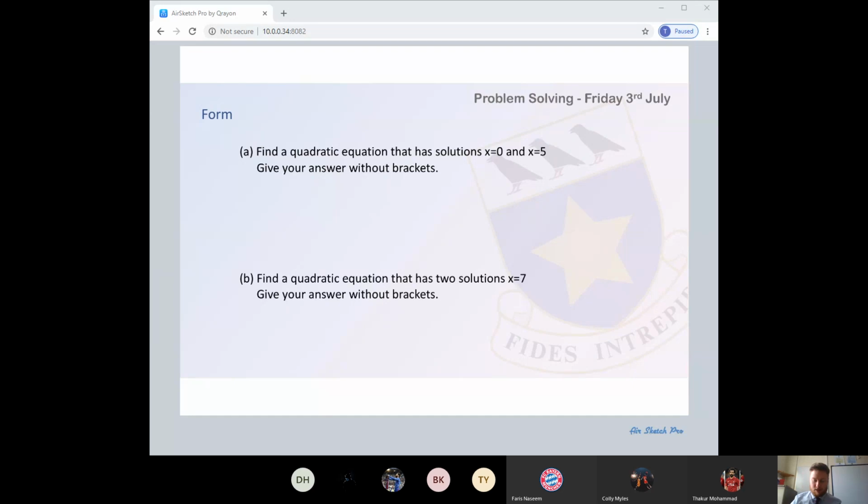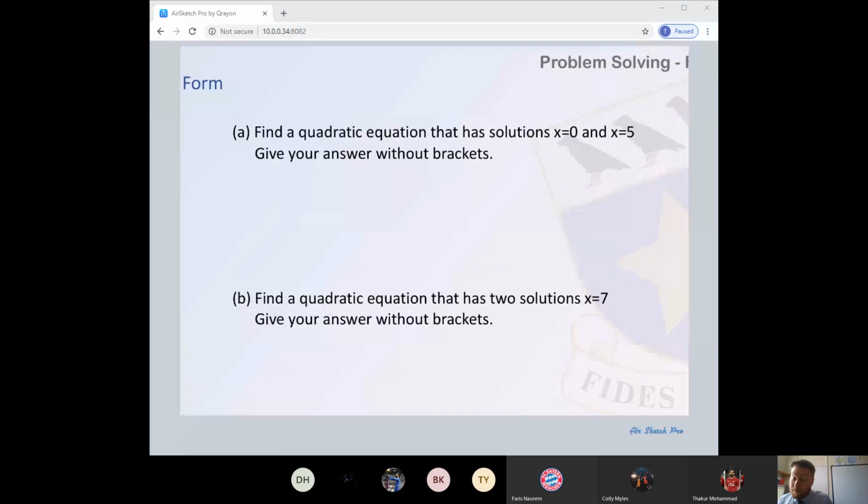Okay, so let's have a look through this problem. So find a quadratic equation that has solutions x equals 0 and x equals 5. Here we have to think about what it's actually asking us to do. So we think backwards a little bit from the solutions.